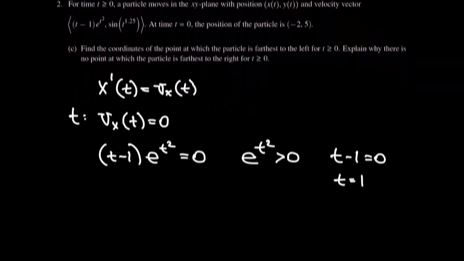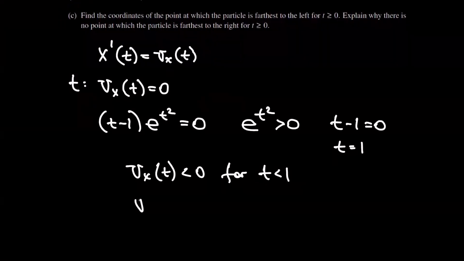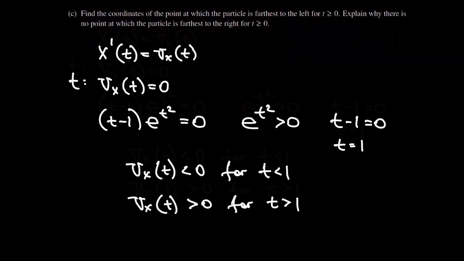And so let's see whether this is a local minimum or a maximum. And we know that this is a local minimum because v of t is less than 0 for t less than 1, and v sub x of t is greater than 0 for all t greater than 1.